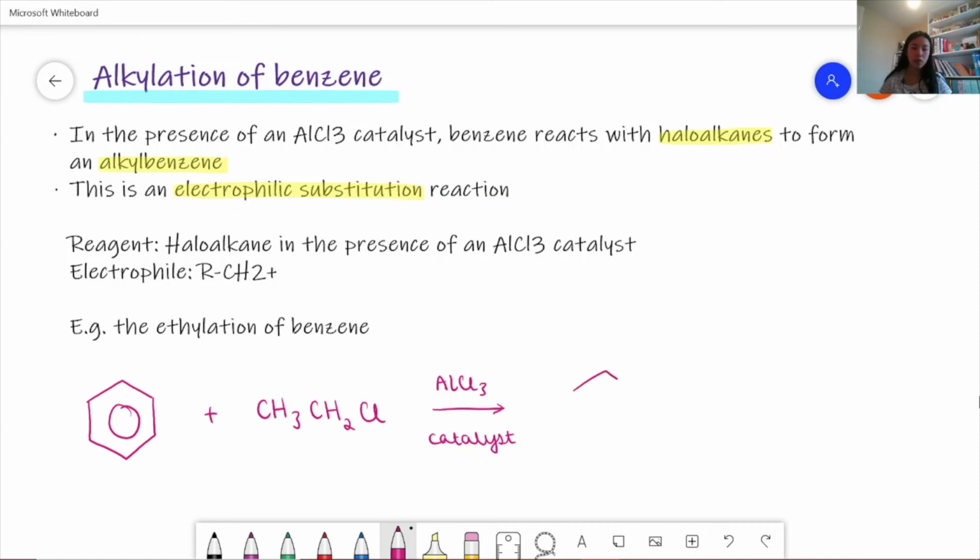And this will form benzene with this newly attached CH2, CH3, and what is removed is HCl, because we removed a hydrogen from the benzene, and this will react with the chloride that's been taken away, well substituted out of this chloroethane. And so what we've formed is ethyl benzene.